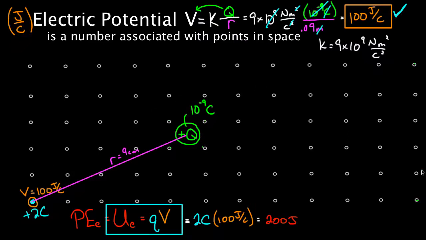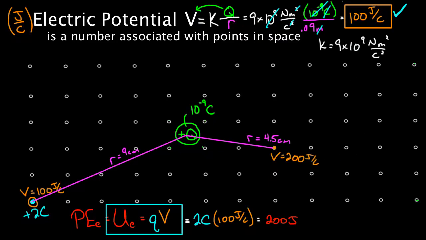And it works for any point. You pick any point. If I picked a point twice as close, that's half as far away, say some point over here. Let's say this R value here was only 4.5 centimeters. Well, I'm dividing this by R. So if the R is half as big, this point over here would have a V value of 200 joules per coulomb.